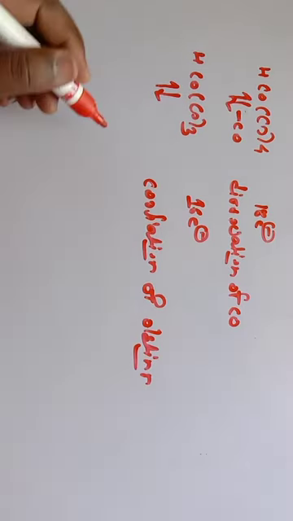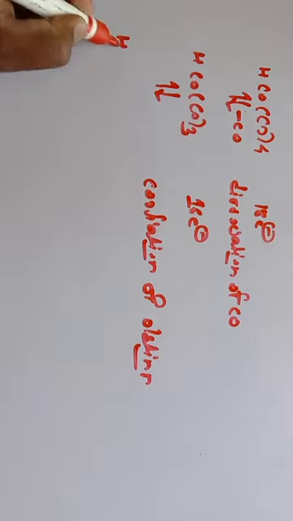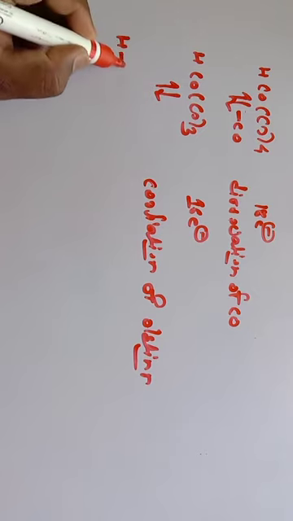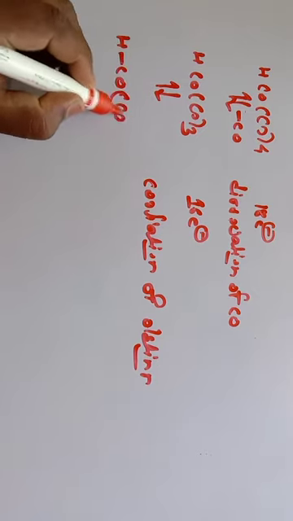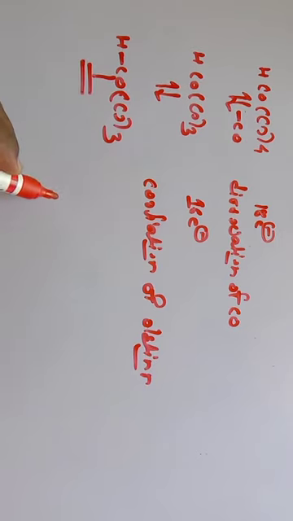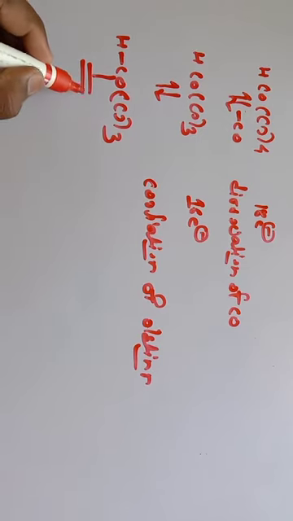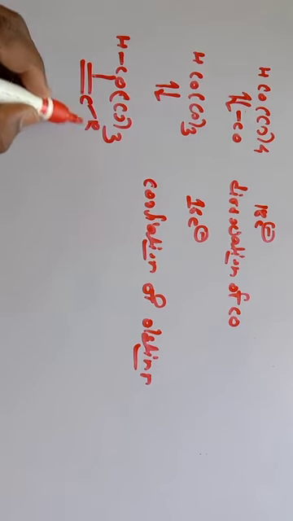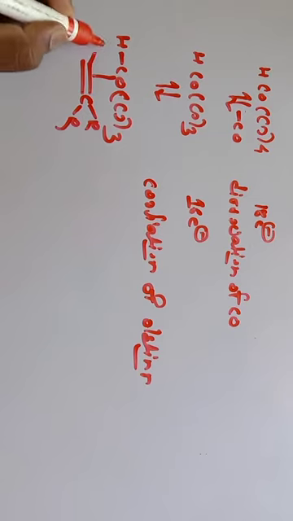This cobalt, HCo(CO)3, binds with these alkenes, and the bond is formed by donation of pi electrons. And we get here this carbon having an R group, and this is your hydrogen.